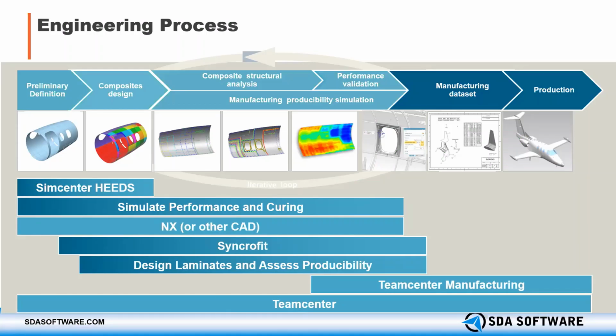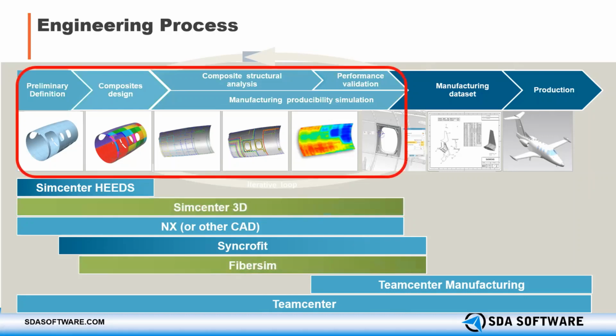We use NX CAD a lot for geometry design and also for tooling and many other design and manufacturing aspects. SyncroFit is for assembly analysis, and all of this data is being managed in Teamcenter. But today, our focus is primarily on the composites design definition to performance validation range, and we're going to be highlighting the integration between Fibersim and Simcenter 3D.